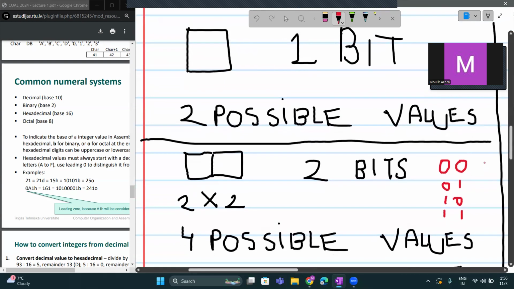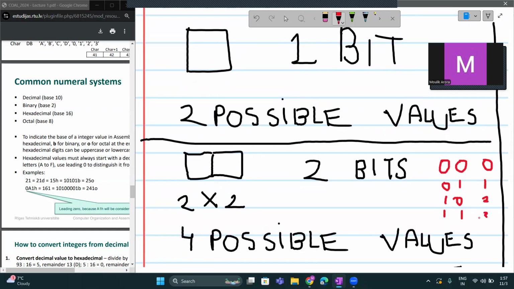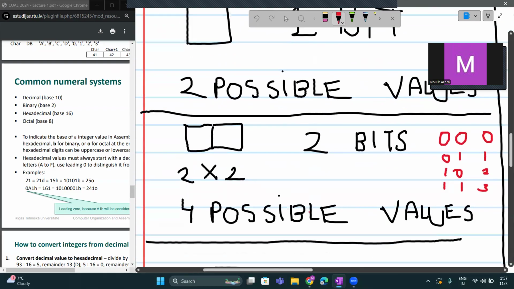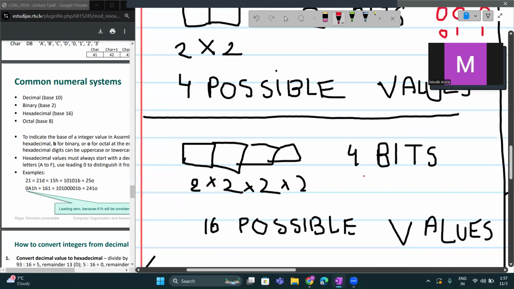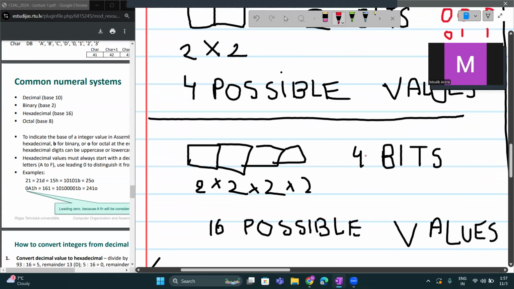We usually represent them with the numbers 0, 1, 2, and 3. But two bits are still not enough. Now we move on to four bits.